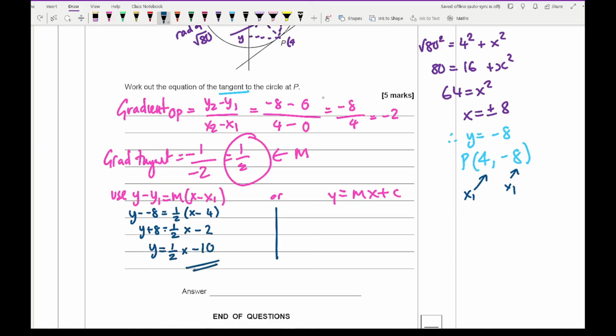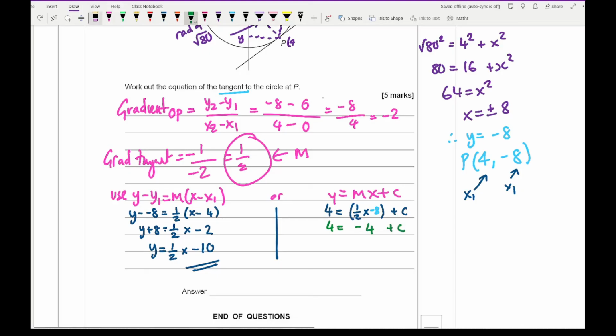Then if I use y equals mx plus c, I have to work out what c is.